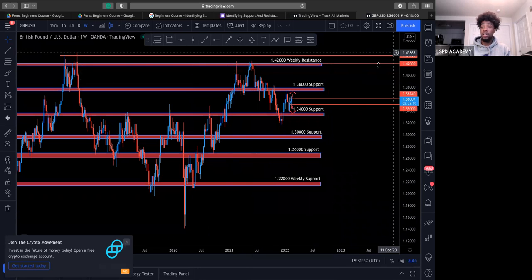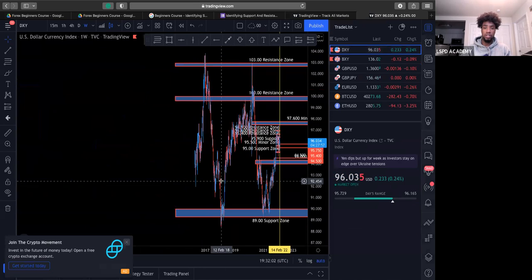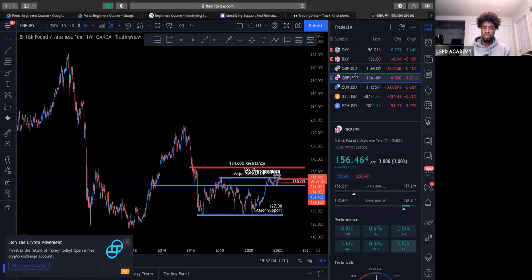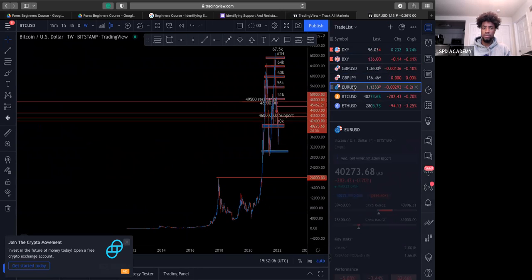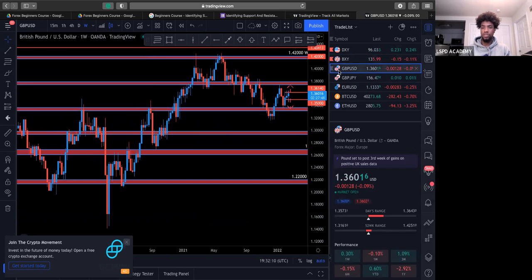If I have any, let's see, like DXY, I thought I had a chart here with a bullish flag pattern.